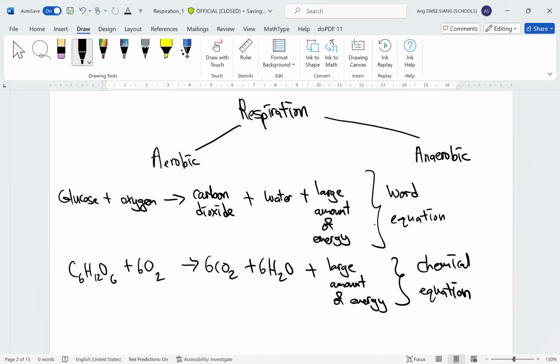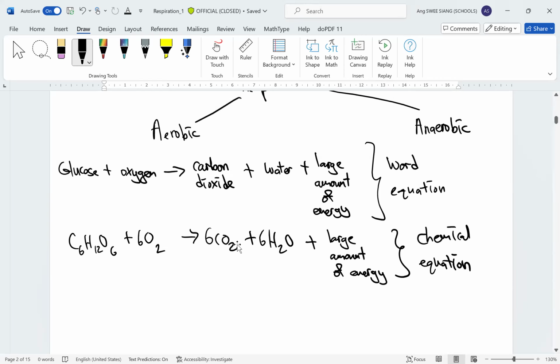Okay, check that my balancing is correct. When you write a chemical equation, make sure it's balanced. Basically the right hand side and the left hand side, the number of atoms must be equal. This is the equation for aerobic respiration.